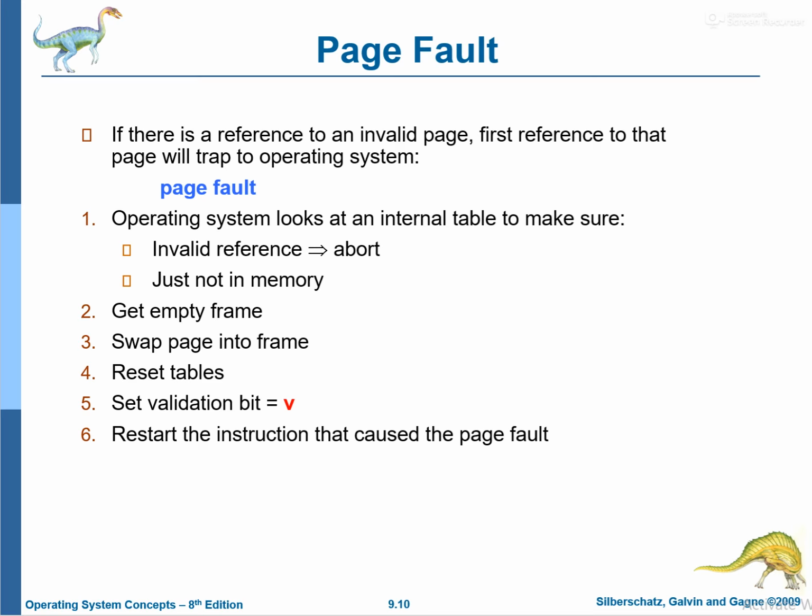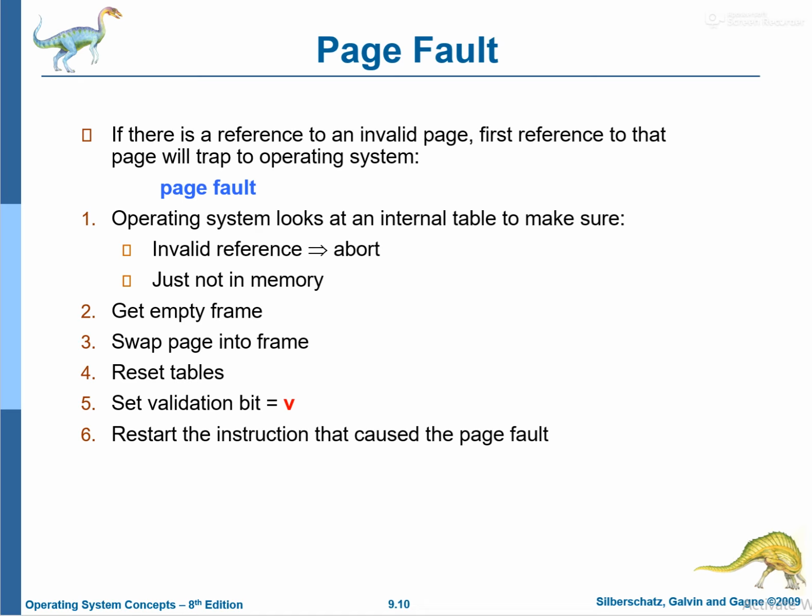It means that this process wants to access the memory of some other process. So first, the operating system looks into the internal table and finds out whether the reference was a valid or invalid memory access. If it is an invalid memory access, then the operating system terminates the process. But if it is valid, then the page needs to be brought into main memory. For this, it has to find an empty frame and then bring the page into main memory.